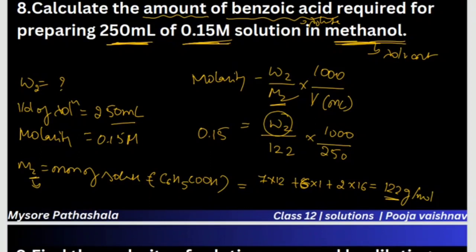If we equate this, divide, multiply, and solve for W2, the answer is going to be around 4.58 gram. Okay, this is going to be around 4.5. So this is the solution for this.